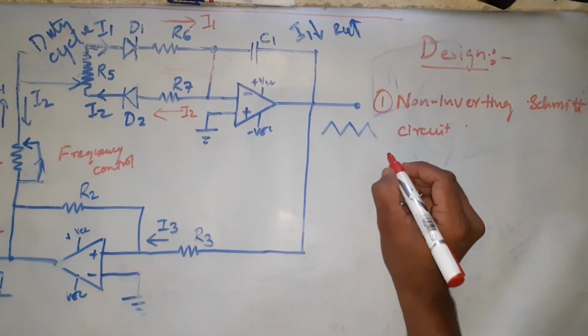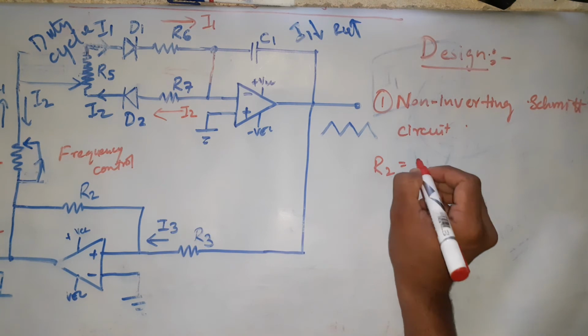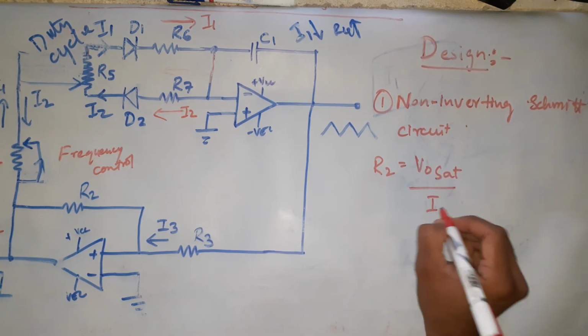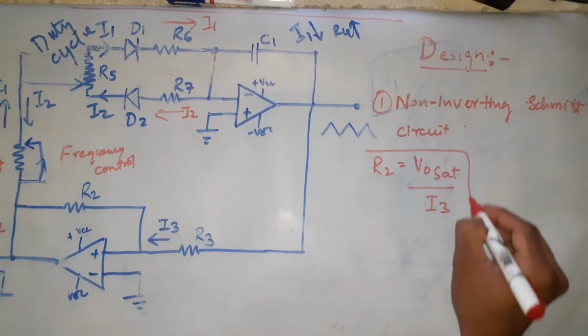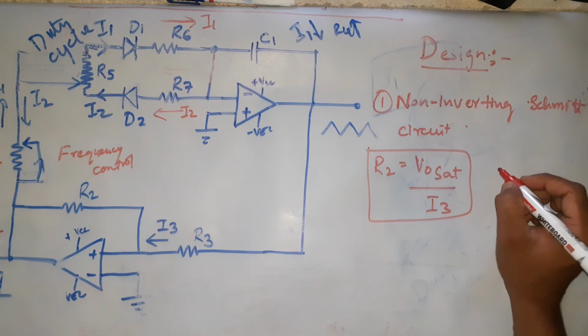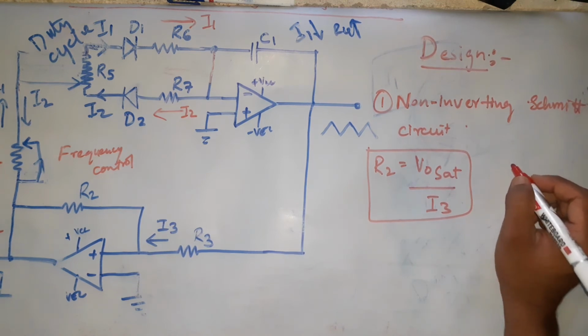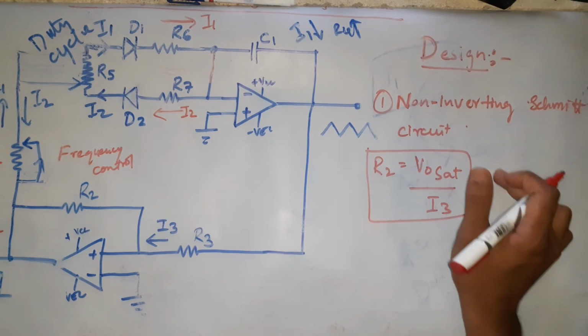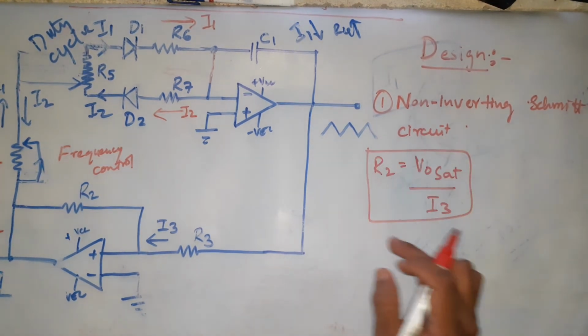So how do you calculate R2? R2 is calculated as V0 sat divided by current I3. Okay. This is the formula for this. Now you may be thinking, how do we get this formula? This is from your module 3, right?